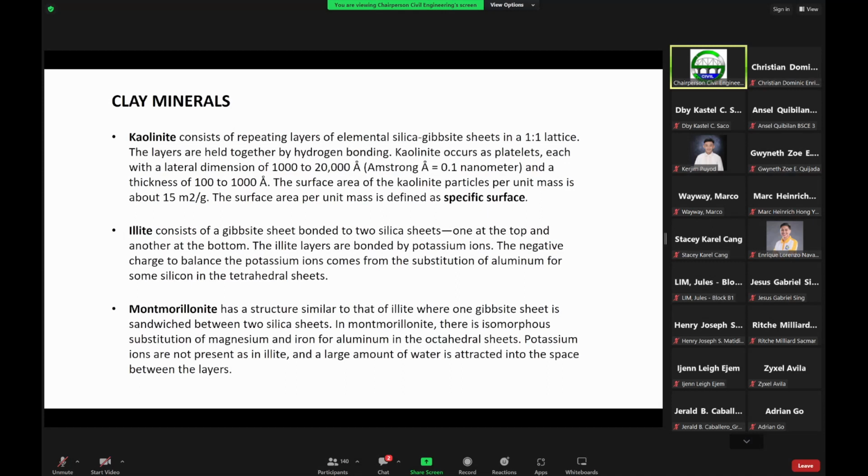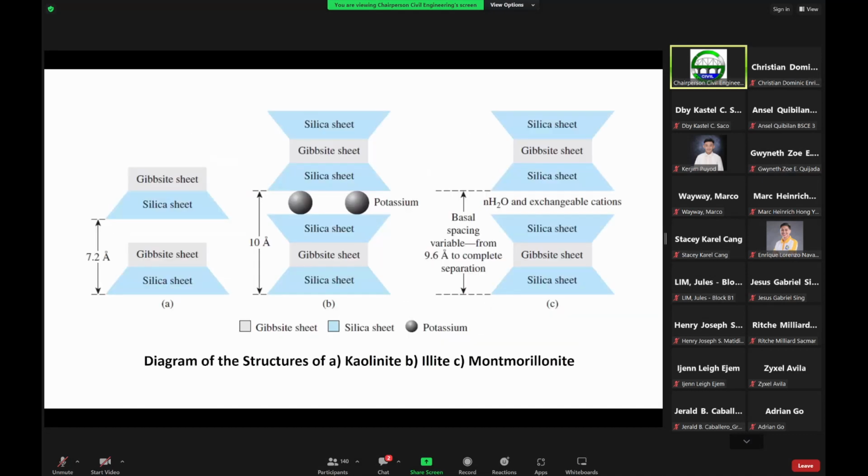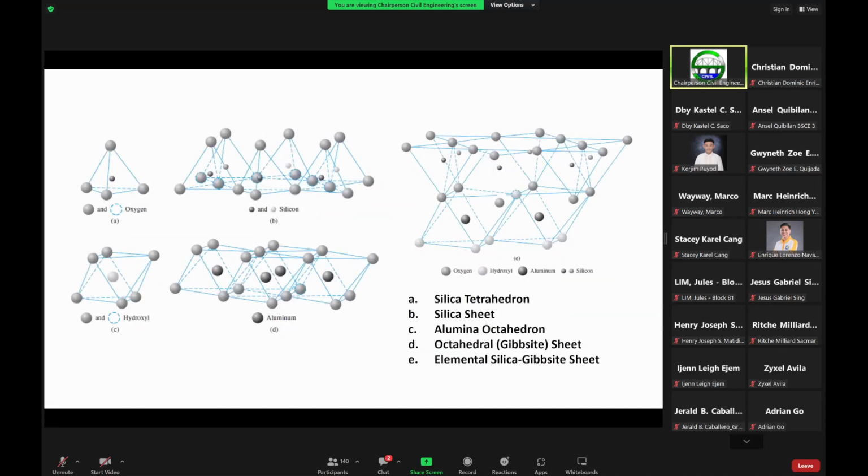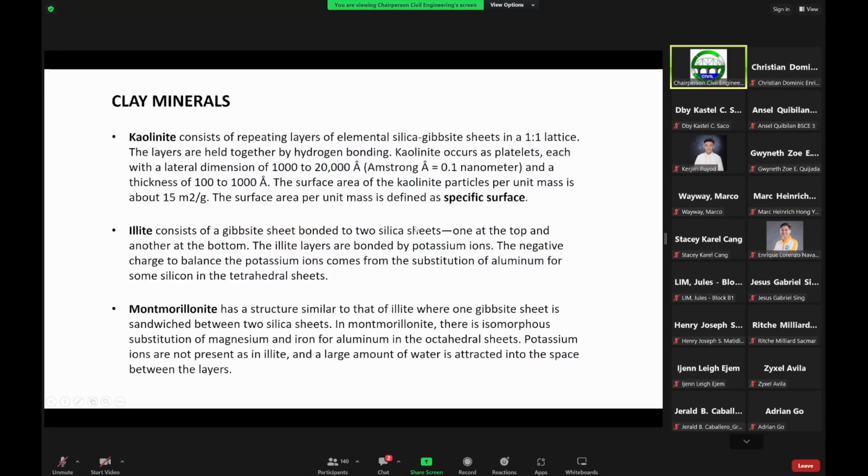Now, aside from kaolinite, we also have the illite, wherein the illite consists of a gibbsite sheet bonded to two silica sheets. So that's this one here: a gibbsite sheet bonded to two silica sheets, one at the top and another at the bottom.